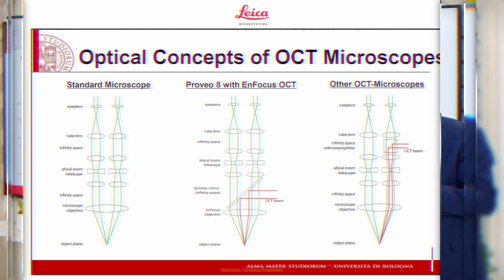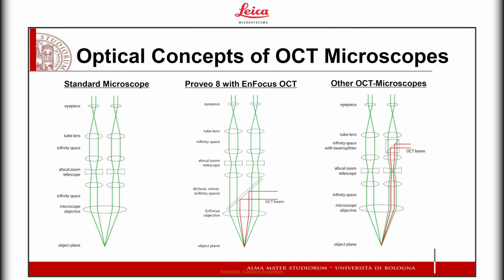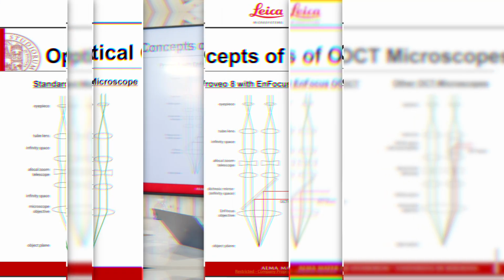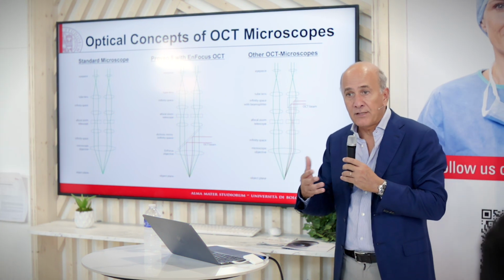Now, what is OCT integrated to a Proveo microscope? You can see that on your left, those are the optics of the Proveo. And here is the integration of the OCT right in the middle. And here is another example of an integration of OCT from a competitor.